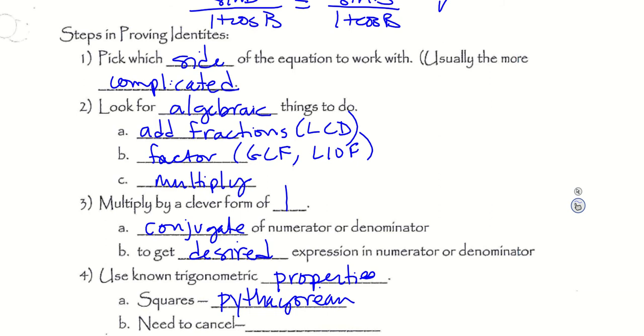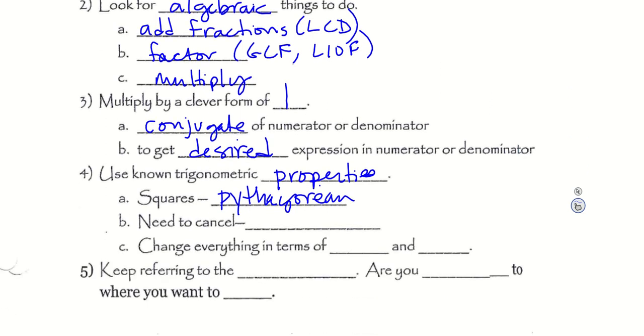If we need to cancel something, divide something out, you might think about either a quotient property or a reciprocal property, because those both involve fractions. Another thing that works well, oftentimes it's not always the most efficient way, but if you can't think of anything else to do, at least try to change everything in terms of sine and cosine, like changing tangent to sine over cosine.